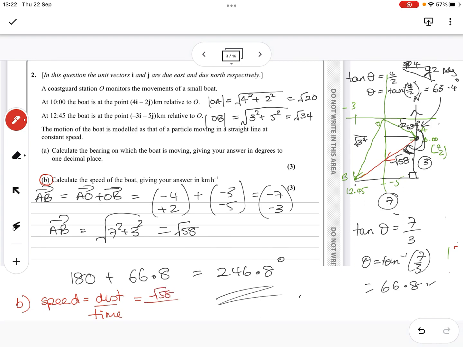And the time was 2 hours and 45 minutes, which is 2.75 hours because it's 3/4 of an hour. So root 58 divided by 2.75 gives me 2.769372, which approximates to 2.77 kilometres per hour. And that's that.